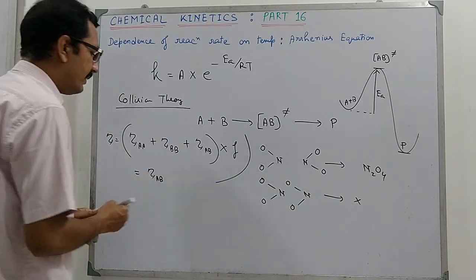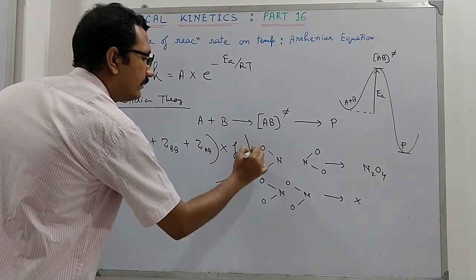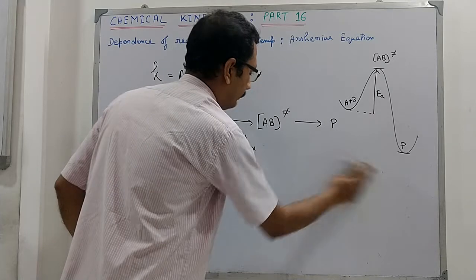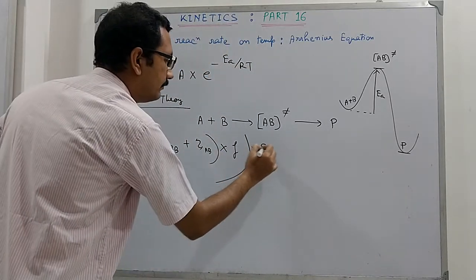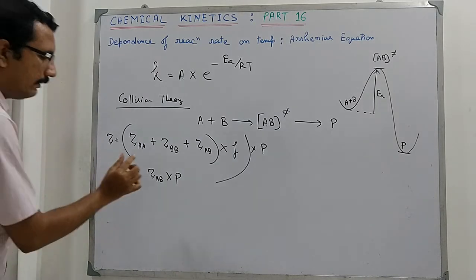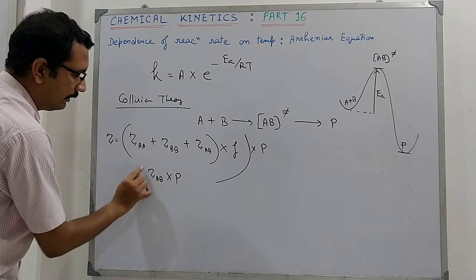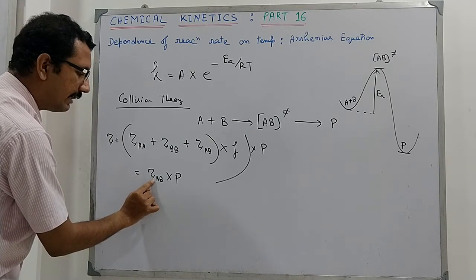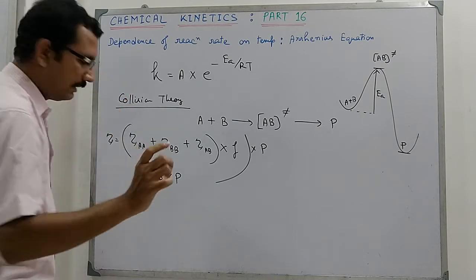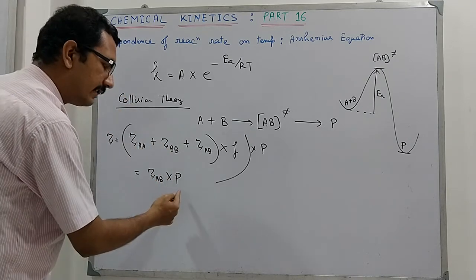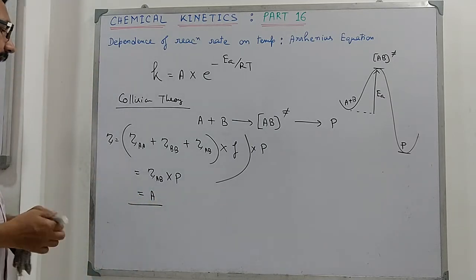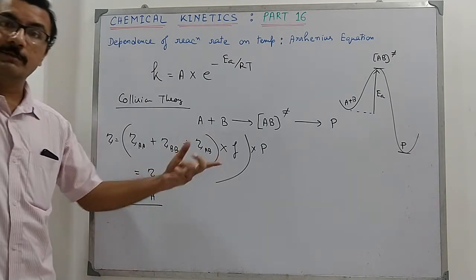So again you have to multiply it by a factor, that is the steric factor P. So this is the number of collisions having proper stoichiometry, and when we multiply it by this one, it will give us the number of collisions with proper stoichiometry and proper orientation. So this is the number of eligible attempts to cross the barrier.